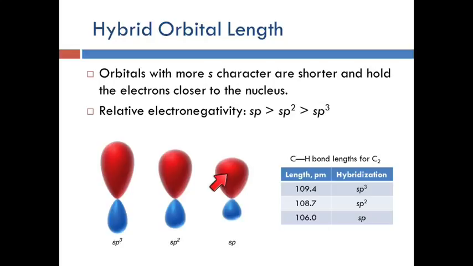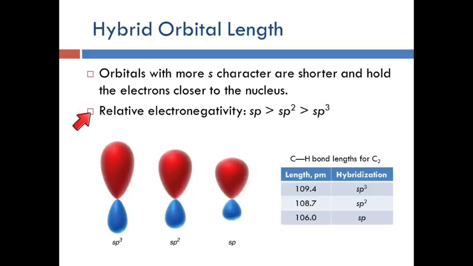So more s character, shorter orbital. The sp3 is going to have the longest, and we can see evidence of this when we look at the bond lengths of the carbon-hydrogen bonds in 2 carbon molecules. We see that the longest bond, 109.4 picometers, comes with the sp3 hybridization, 106 for the sp. So there's some evidence of what we're talking about here.